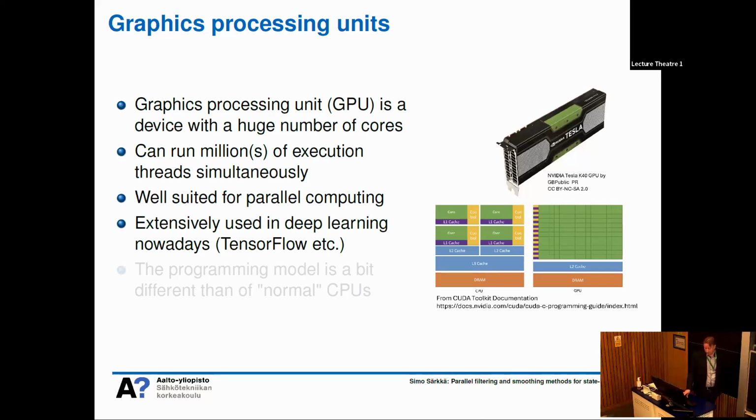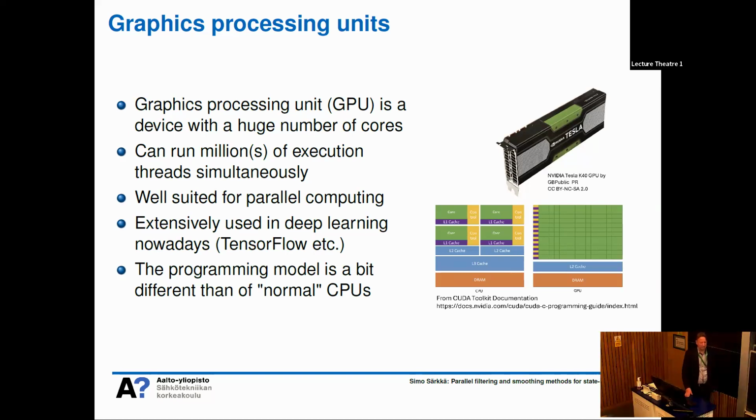But the programming model is different from normal. It's something called single instruction, multiple data, or roughly that kind of computational model. That means we need to modify the filtering and smoothing algorithms to be able to use the GPUs in full.